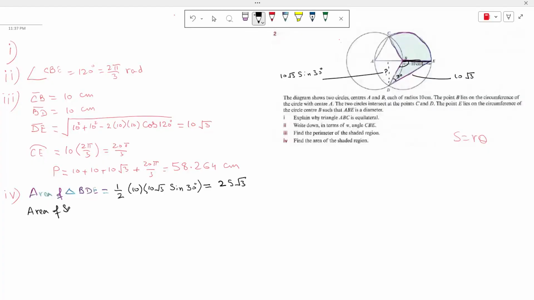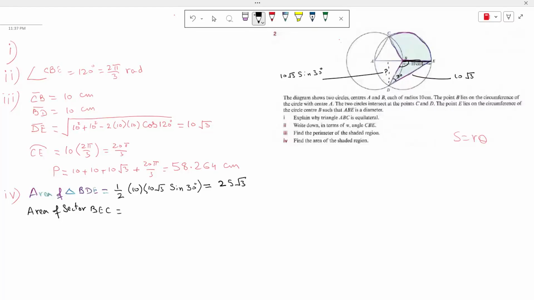Now the area of the sector, part of the circle, sector BEC. I'm talking about this part of the circle. How do you find the area of the sector? It is half theta r squared.